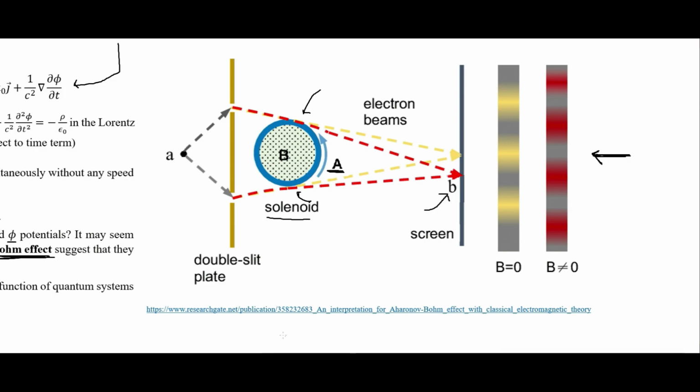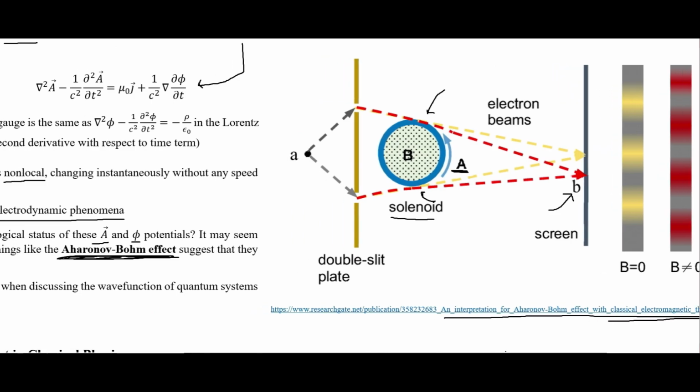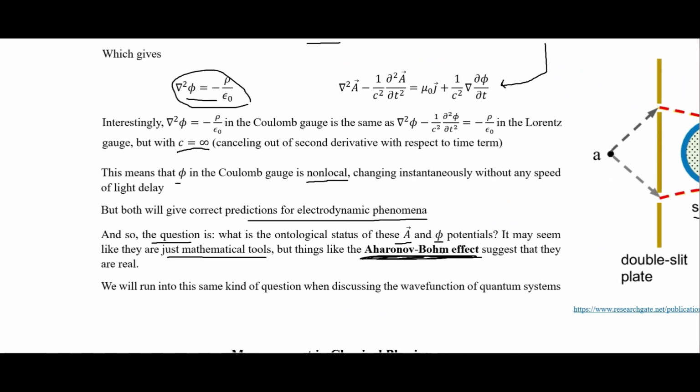This image I got here is actually from a paper where they want to just try to explain it with classical electromagnetic theory. But like I said, the canonical interpretation is that this vector potential is something real.